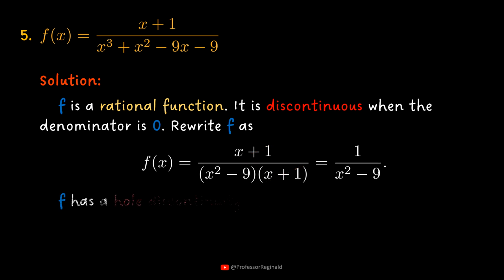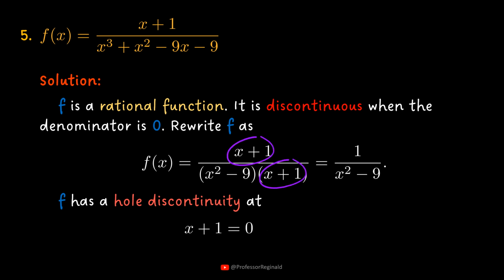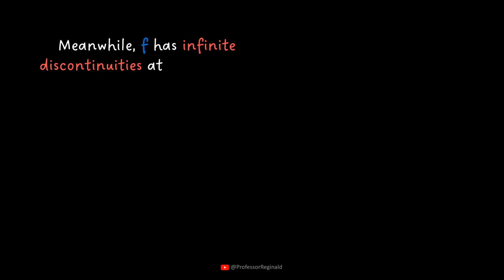f has a hole discontinuity at x equals negative 1. Meanwhile, f has infinite discontinuities at x equals positive and negative 3.